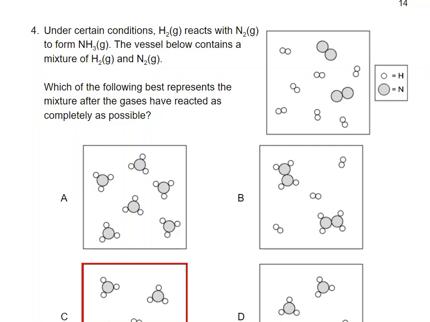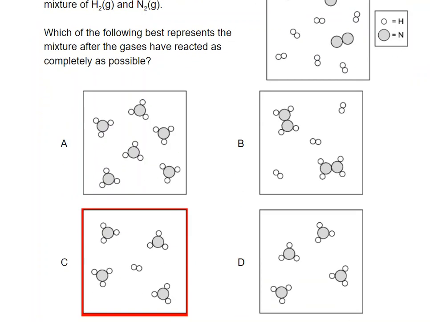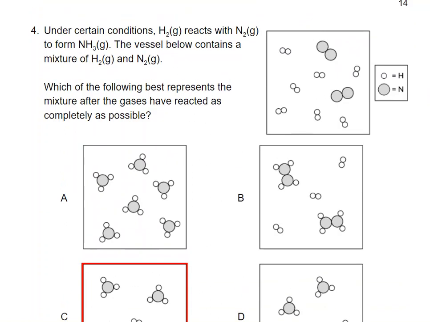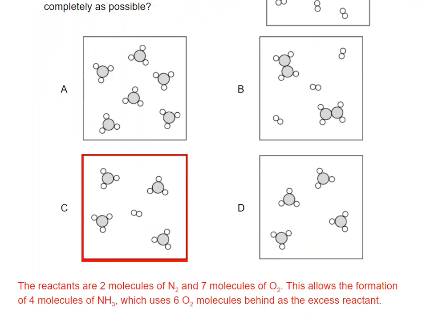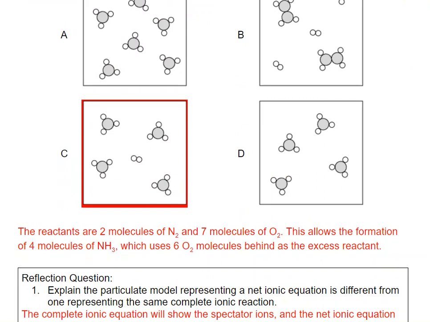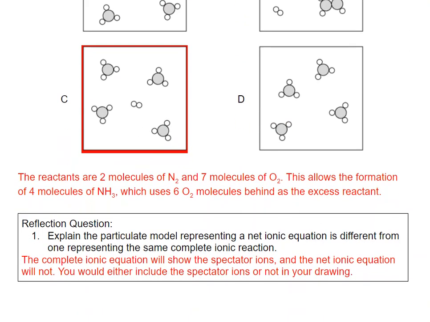And that's going to be the most number of NH3 that I can possibly make. So in order to do that, I'm going to need all of those oxygen molecules except for 1. So this is going to leave behind some oxygen as an excess reactant.